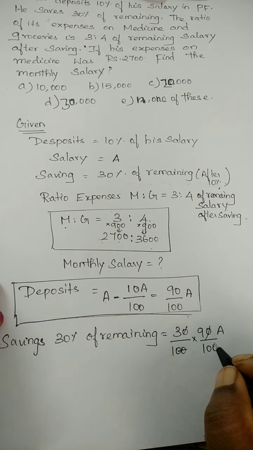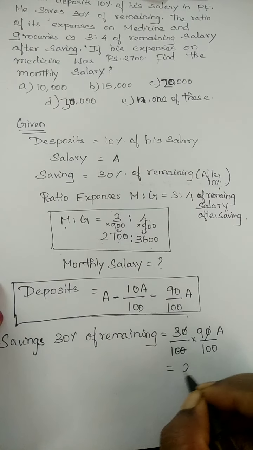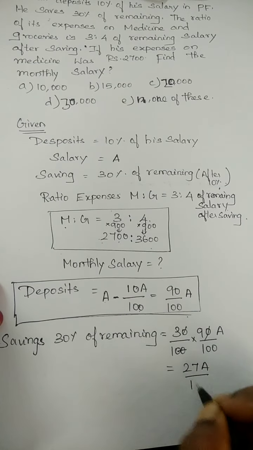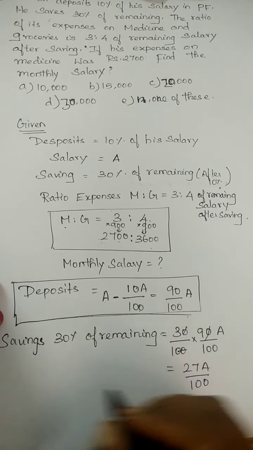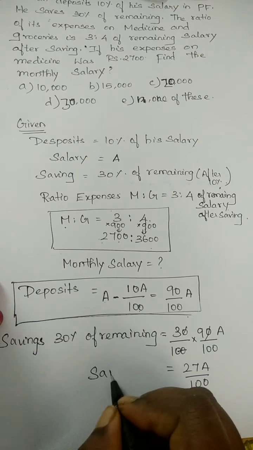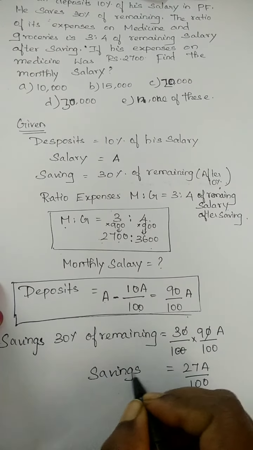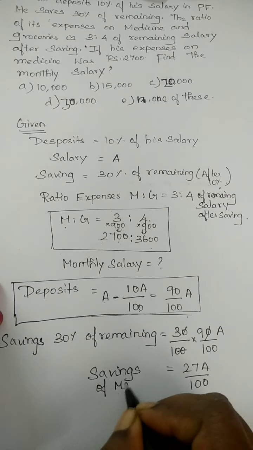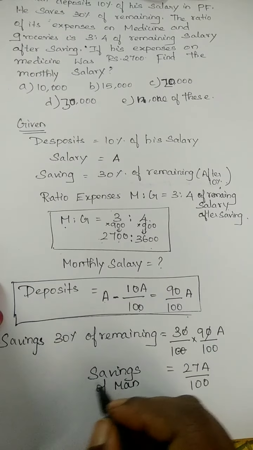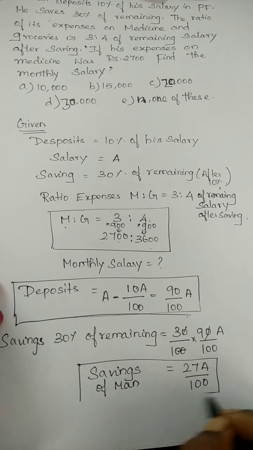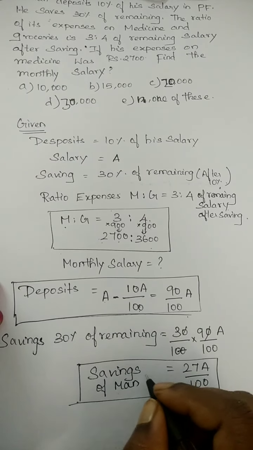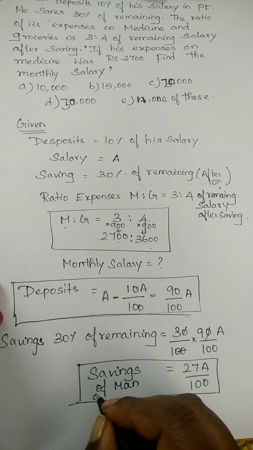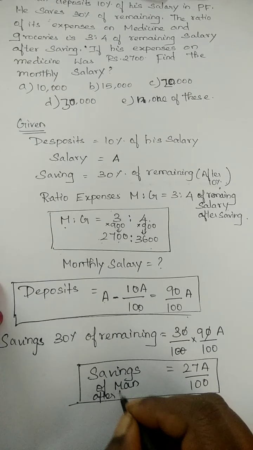What will we get? 27A by 100. This is the savings of the man, after the 10% deposit.